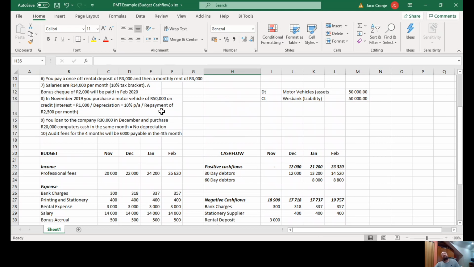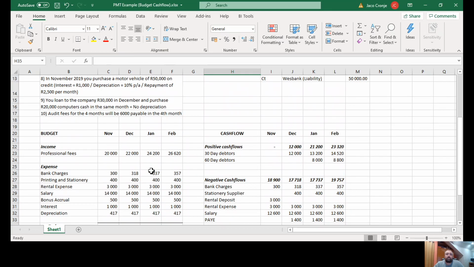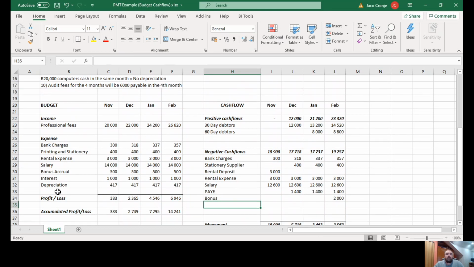And then lastly, it says the repayment of 2,500 Rand per month. So let's think about that. Of that 2,500 Rand, I said 1,000 Rand is interest and 1,500 Rand is capital. So should that repayment be reflected in my budget?